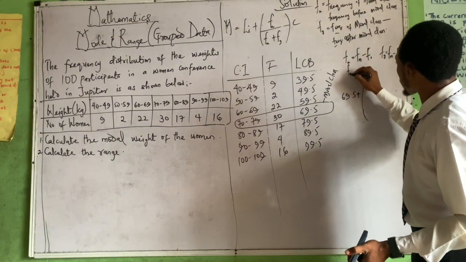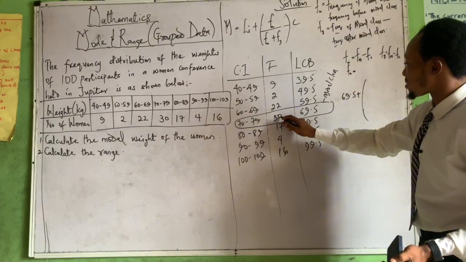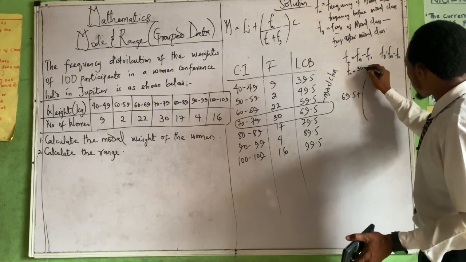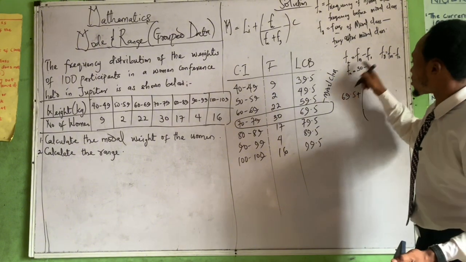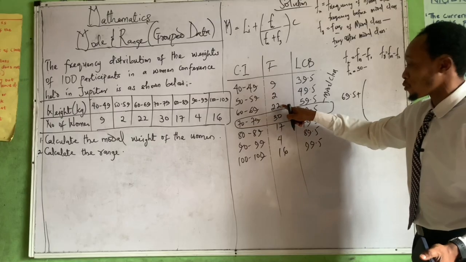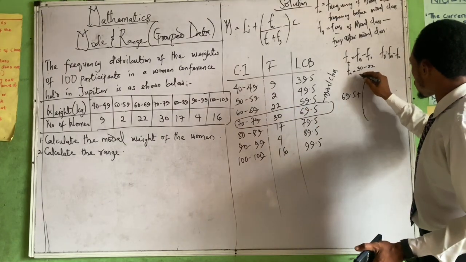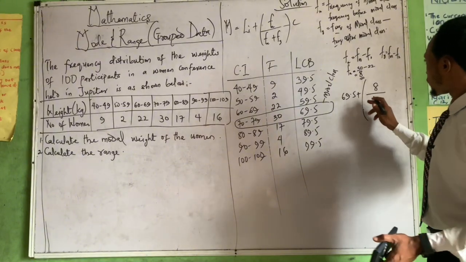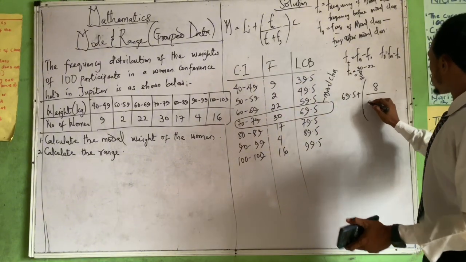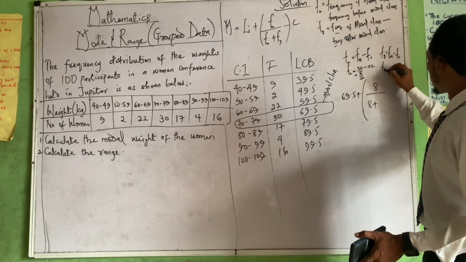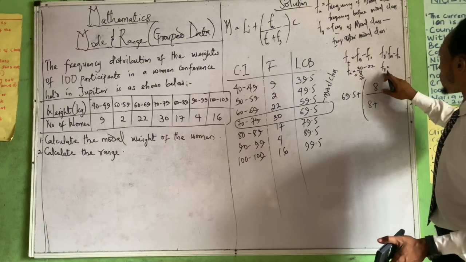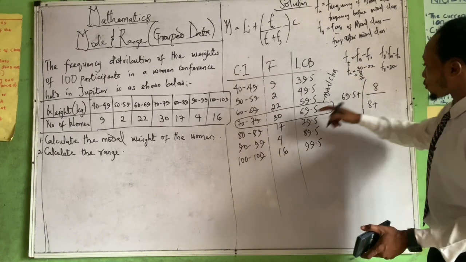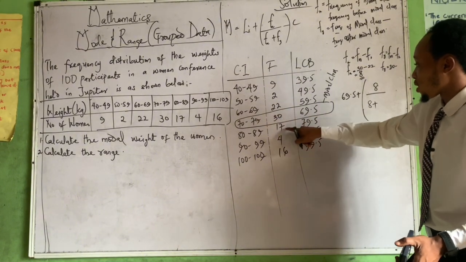So f subscript x: the frequency of the modal class is 30, minus the frequency before, f1, which is 22. So f subscript x is 8. I have 8 over 8 plus, now f subscript y, the frequency of the modal class, 30, minus the frequency after, which is 17.